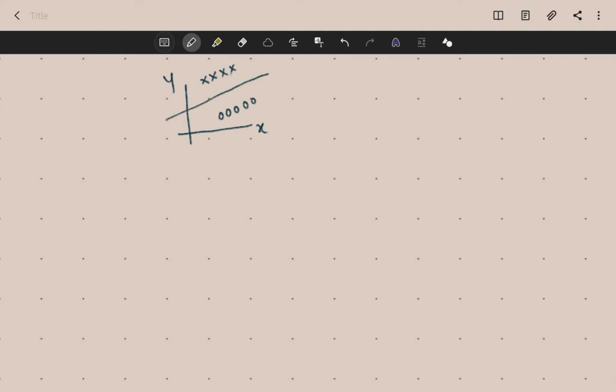We said for two dimensions we can divide it by drawing a simple straight line like this, and in the three-dimensional case we could divide it by drawing a plane, right? So these things are related to linear algebra.